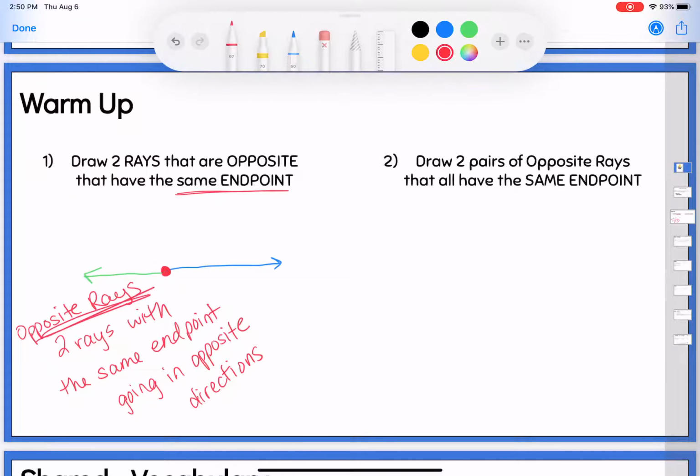Okay. So problem number 2 says, draw two pairs of opposite rays that all have the same endpoint. So again, here's going to be my endpoint, and this time I need two pairs of opposite rays. So I could have blue and green like this. There's a pair of opposite rays. It doesn't have to go left and right. It could go any direction you want as long as the two are going in opposite directions.